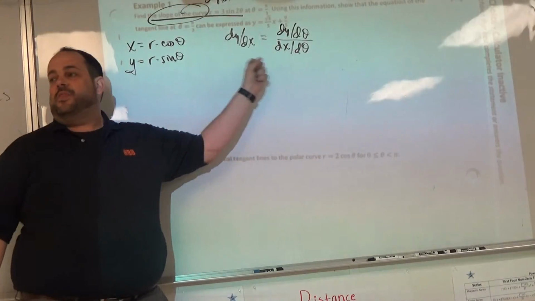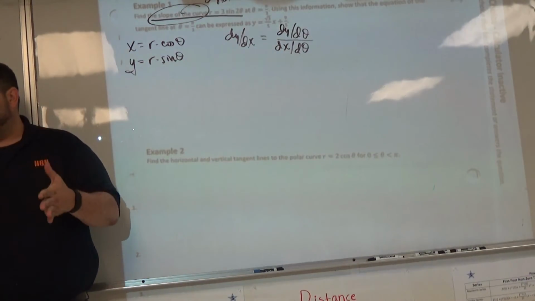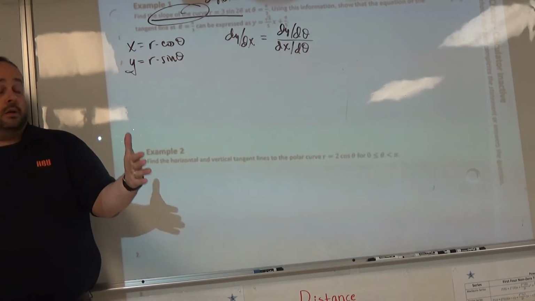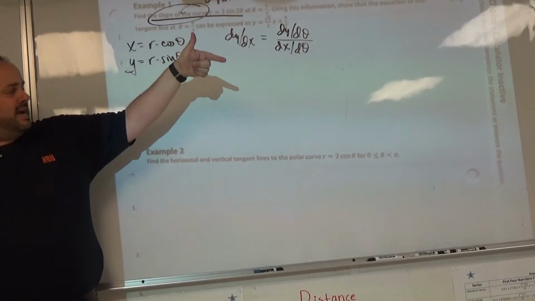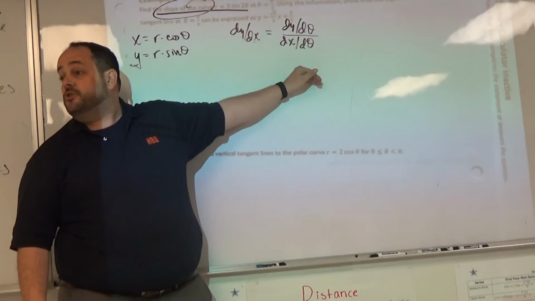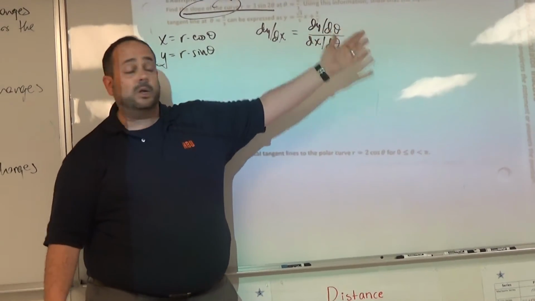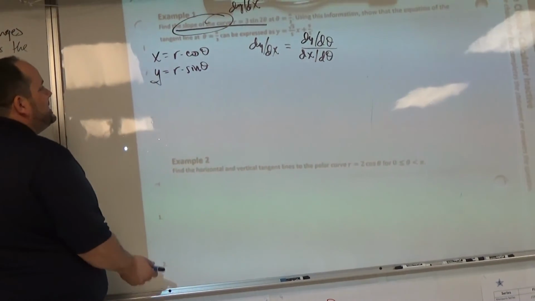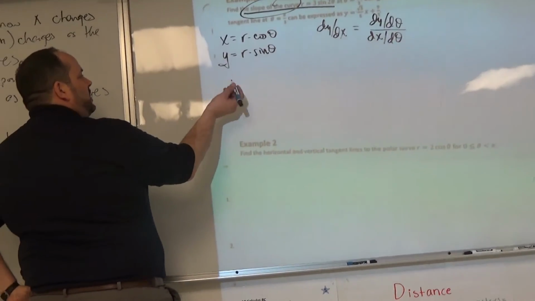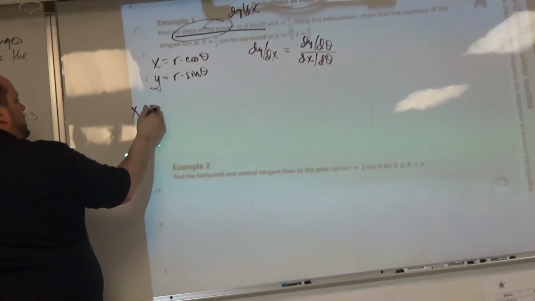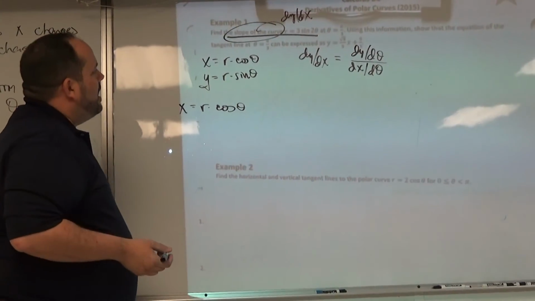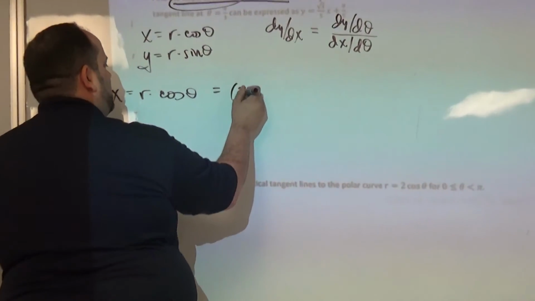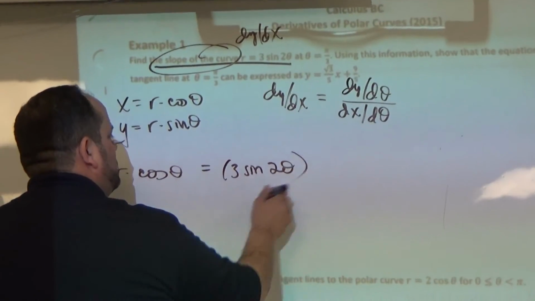I think these are the mission critical things for you to just know and have locked down. That x equals r cosine theta is how I translate over to the rectangular world. Here's how I find the derivative in the polar world. Great. So now I need to get dy d theta. Well, let's get x. If x equals r cosine theta, well, what's r? r is 3 sine 2 theta.